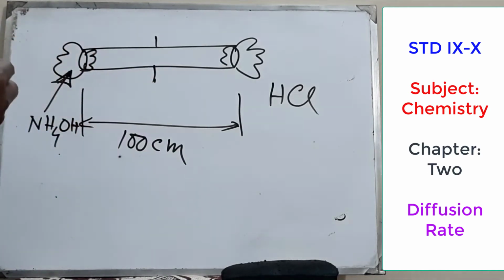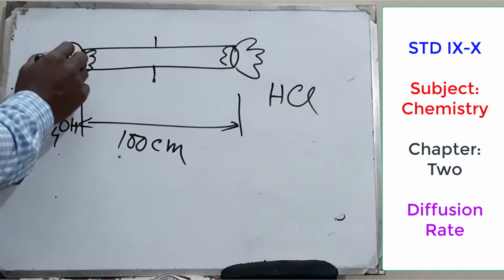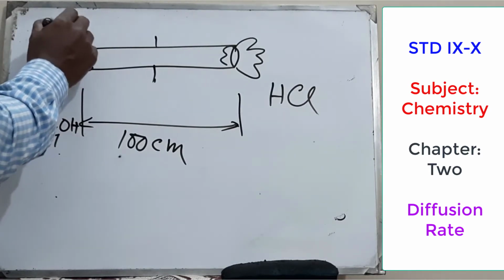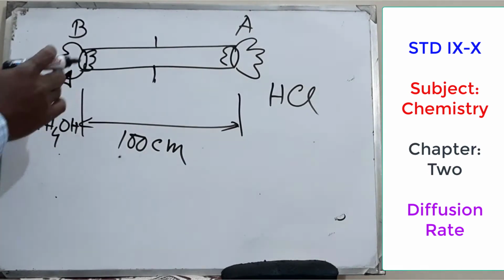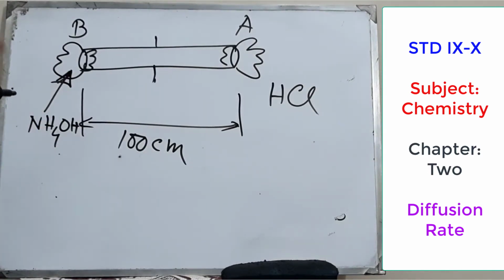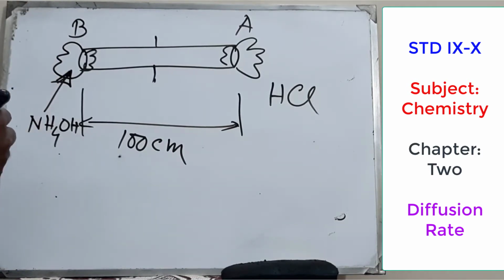When I give ammonium hydroxide on this side, this is B and this is S side. When I give these two compounds, ammonium hydroxide and hydrochloric acid, then the reaction will occur. So where the reaction will occur, we shall check.